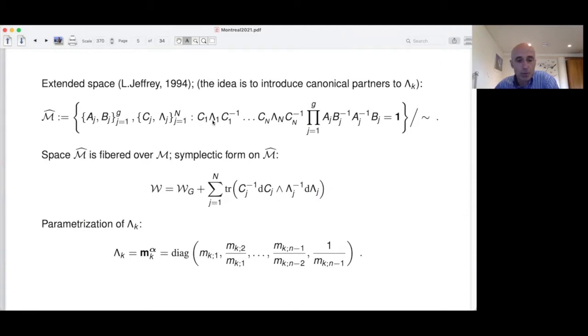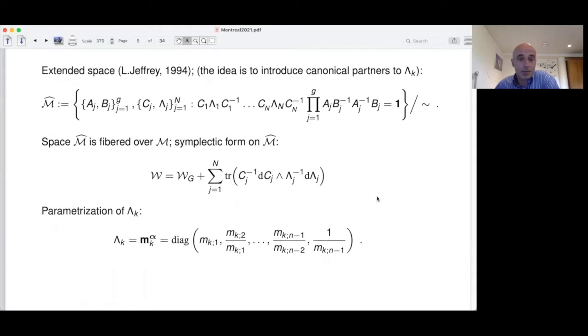Lambda is the diagonal form of the monodromy, C is the matrix of eigenvectors. So essentially what do we add? We add the variables which normalize the eigenvectors of the local monodromies around punctures.